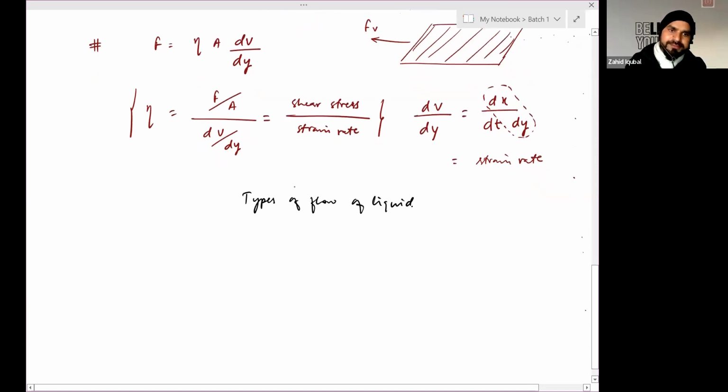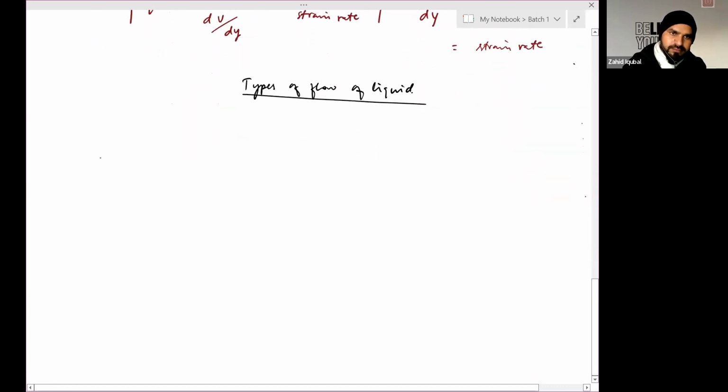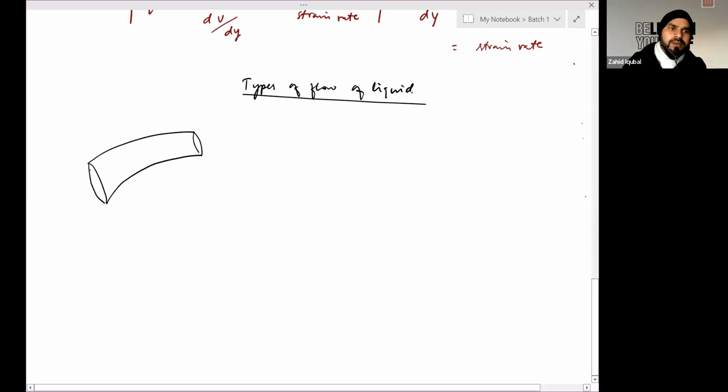First is a tube in which each layer moves with the same velocity v1 at this cross-sectional area, and at this instant the velocity of each layer is v2.